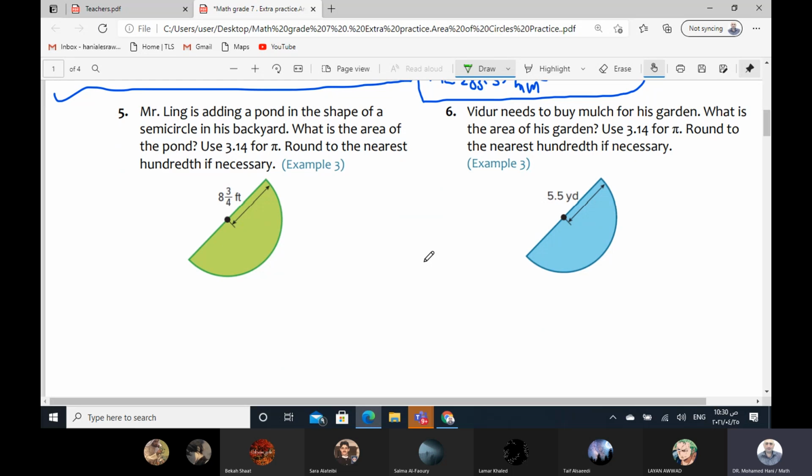Now as you see here we have a semicircle, and we want to find the area. So the formula of the semicircle is 1 over 2 multiplied by pi times r squared.